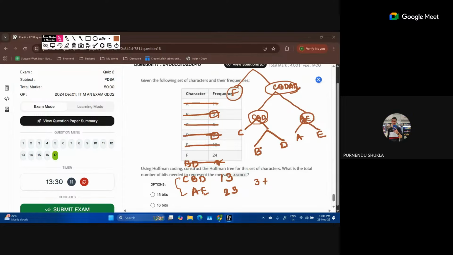A is at level 3, 1, 2, 3. This will be 1, 1, 0. Makes sense, yes, 110.